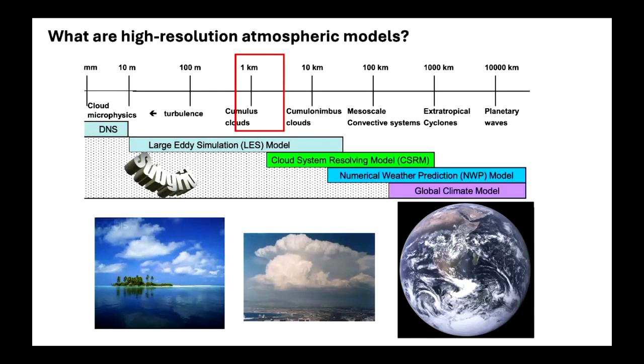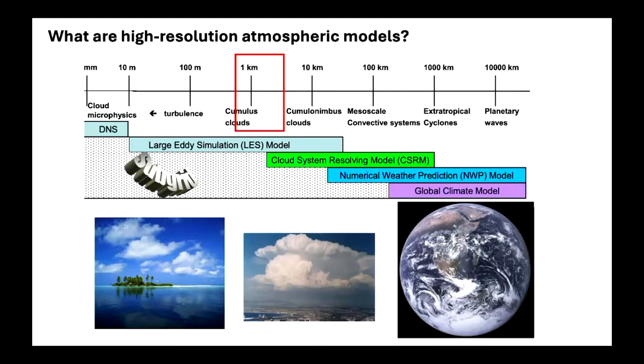Especially if we consider the hierarchy of atmospheric models being developed to capture the scales of atmospheric motion, from, as you can see here, millimeter scale, where you could represent individual cloud particles and their interactions, to the planetary scales, where you could represent planetary waves.